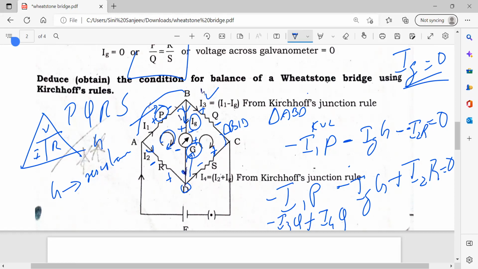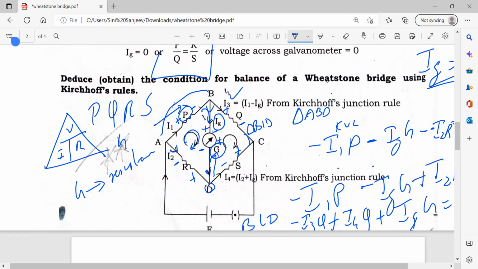Again it is opposing because IG is coming in the opposite direction, so plus IGG equal to 0. So this is for the loop BCDB.